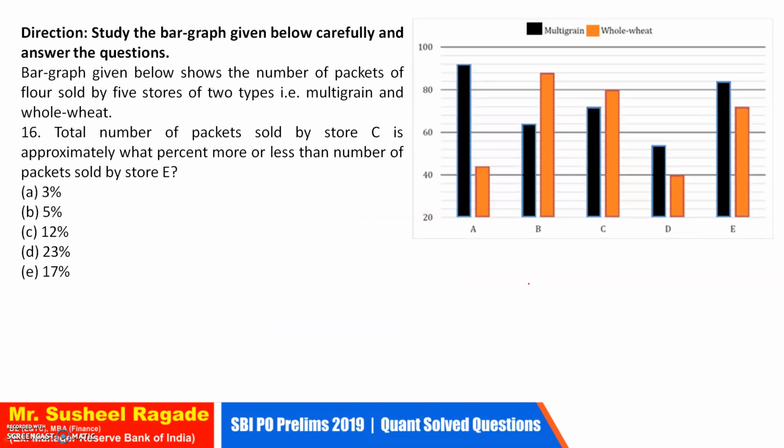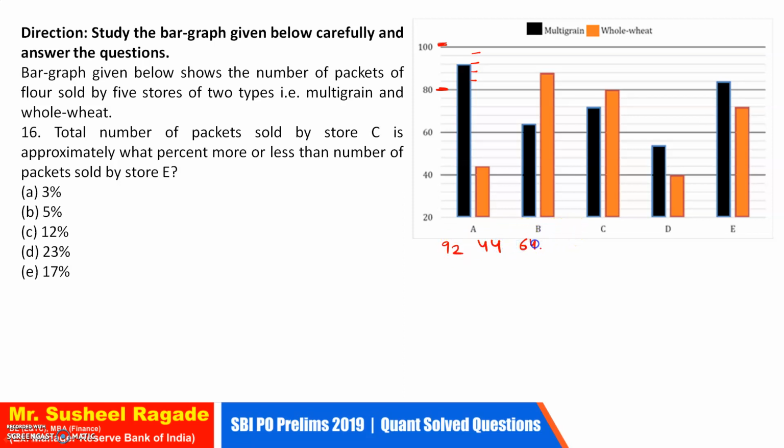Now let us see the next question. These are the data interpretation questions. First of all, we will write the values of these. This is 80 and 90, 80 and 100. And there are how many lines? 1, 2, 3, 4, 5. So each line is equal to 4. So that's why this is 92. This is 44.